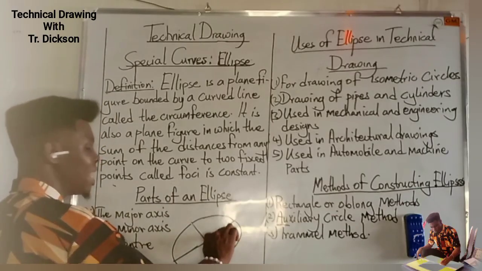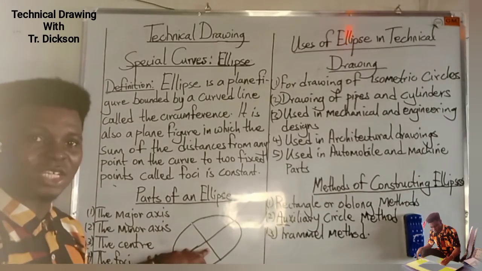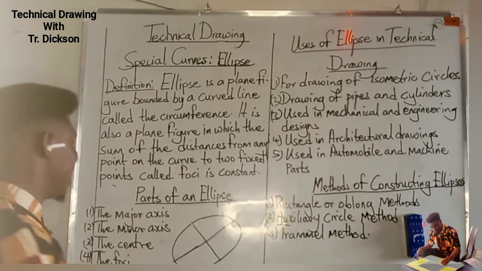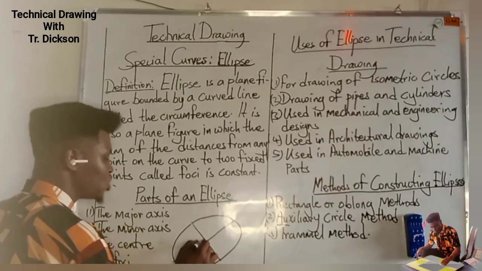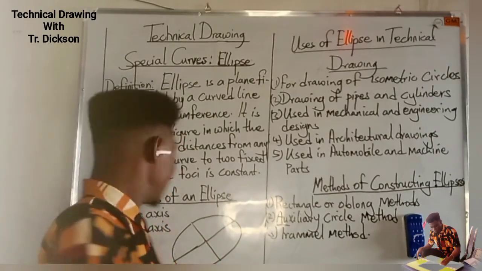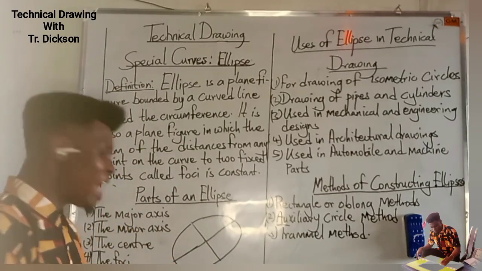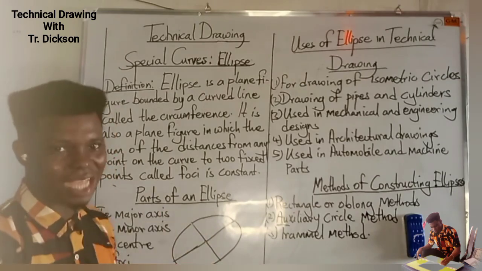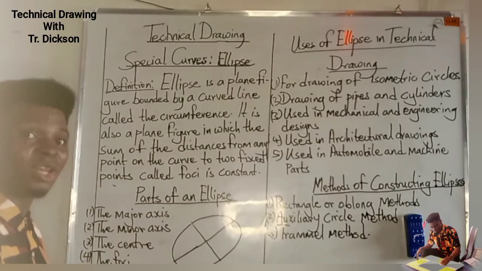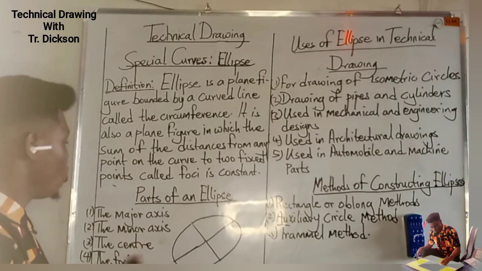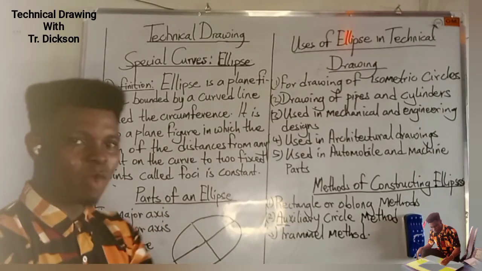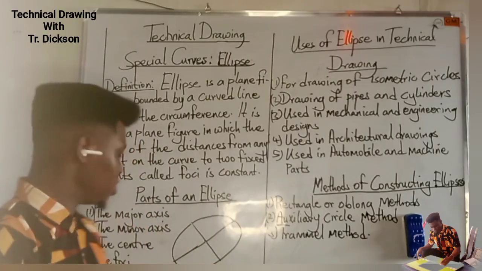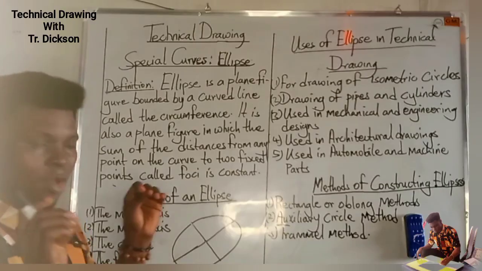We refer to this as the major axis and this as the minor axis. The point of intersection between the two axes is what we call the center. I won't point out the focus, or the foci when there are two, now, but in the real construction I'm going to point out the two foci.